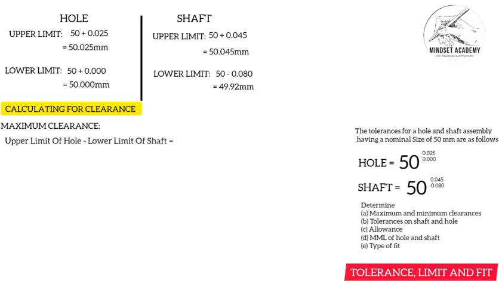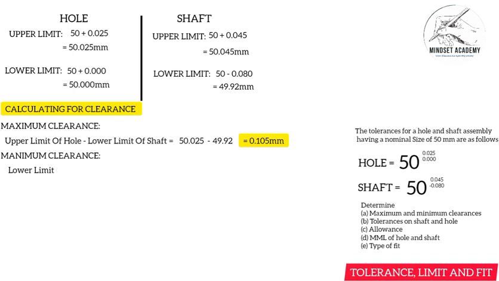The upper limit of the hole here is given as 50.025 minus the lower limit of the shaft, which is given as 49.92. So we're having the maximum clearance to be 0.105. Similarly, the minimum clearance I would also call the minimum allowance.